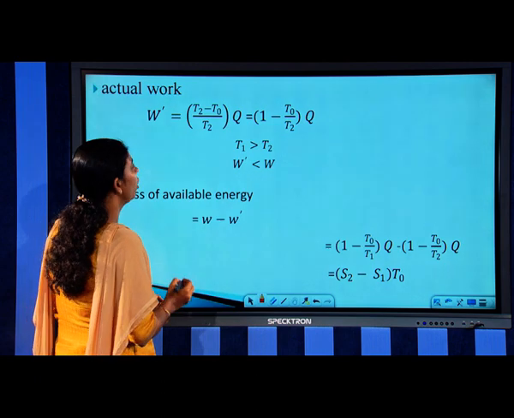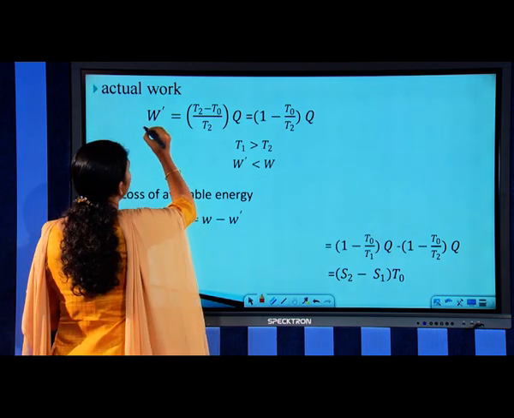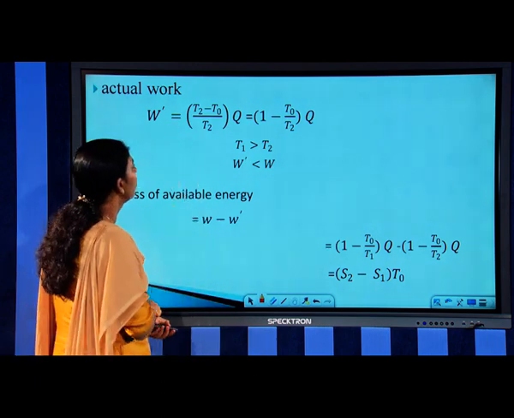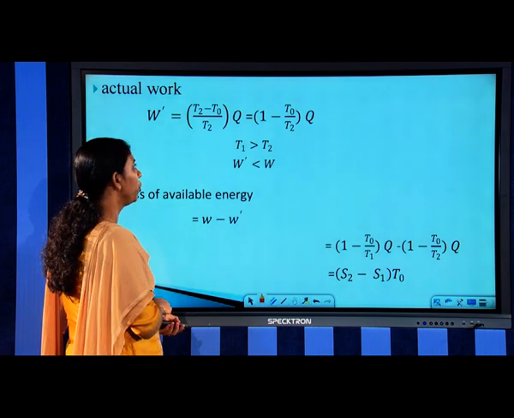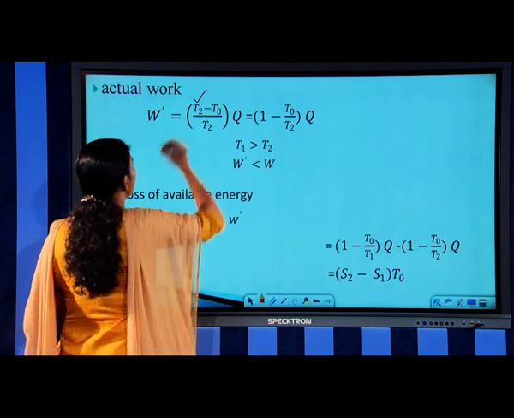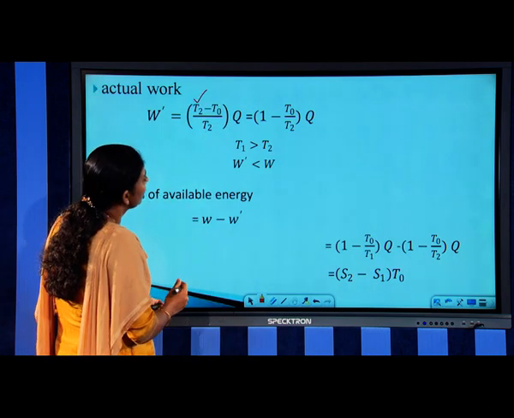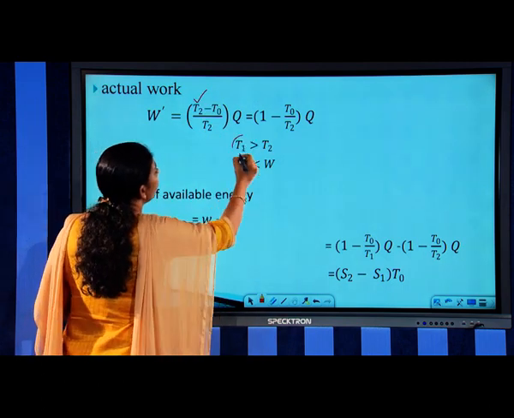Then the actual work will be given as W dash is equal to T2 minus T0 divided by T2 into Q. Here the temperature T2 is less than T1.